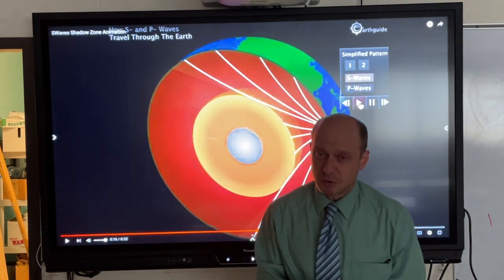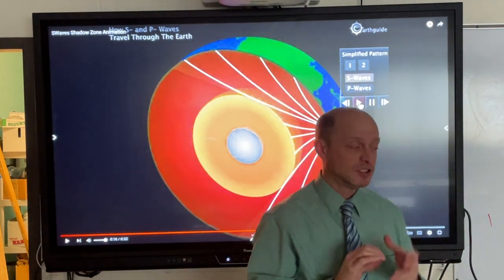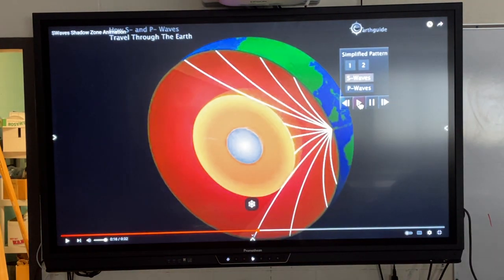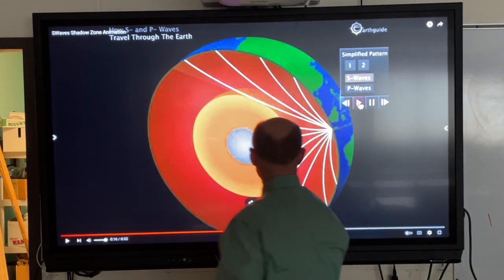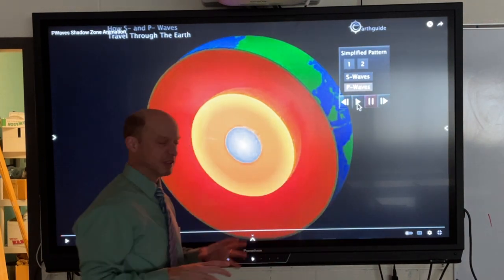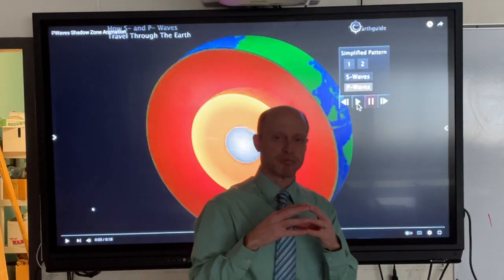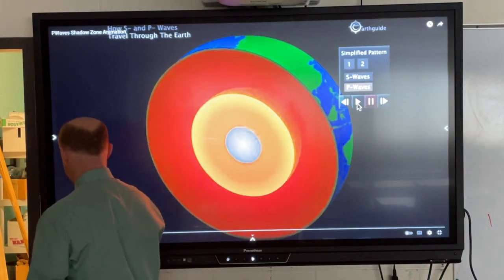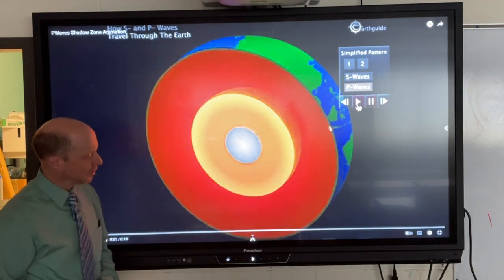Now let's go on to the P wave and see how that works. Here we go. So these are now going to show P waves as you see here. Similar thing, but this is the primary waves traveling through Earth. Let's see how that goes. So here's the earthquake.